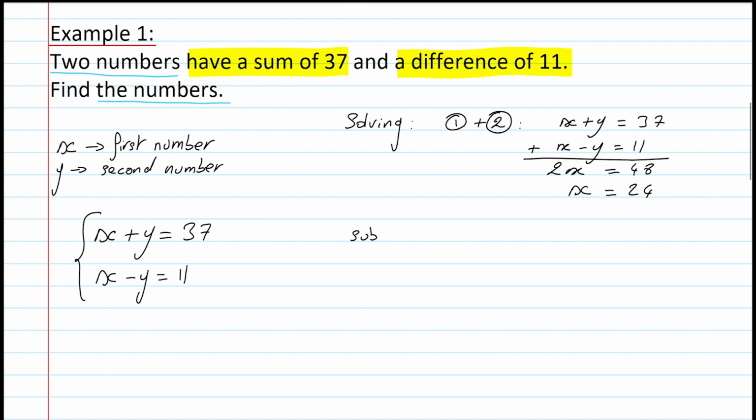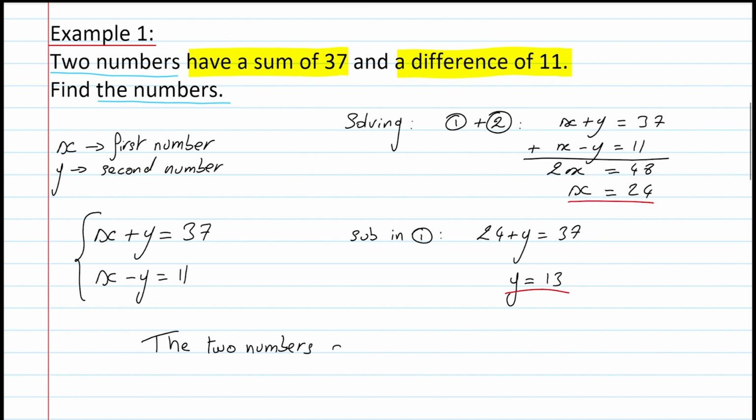Then we substitute x equals 24 in the first equation and find that y equals 13. When you are solving a word problem, you need to answer using a sentence. Here, the two numbers are 24 and 13.